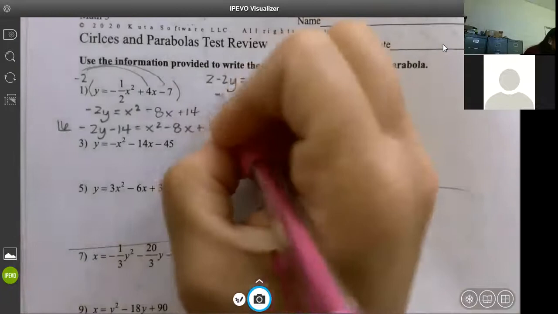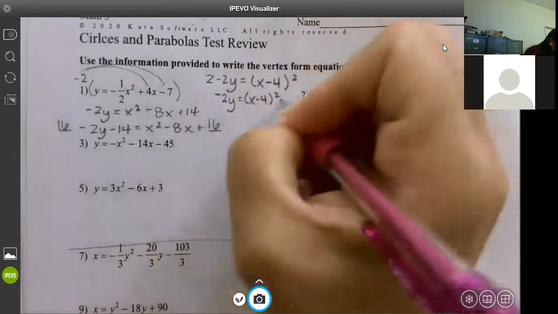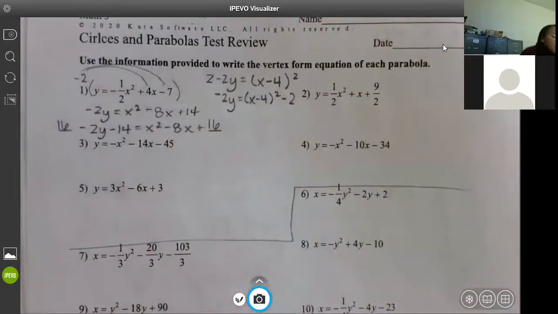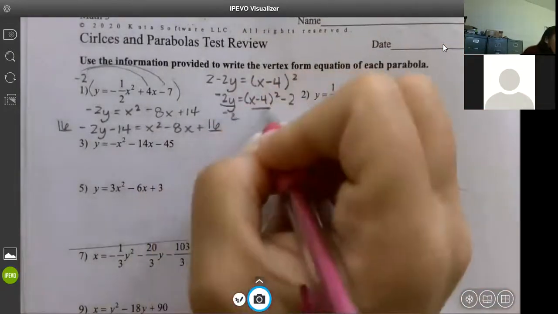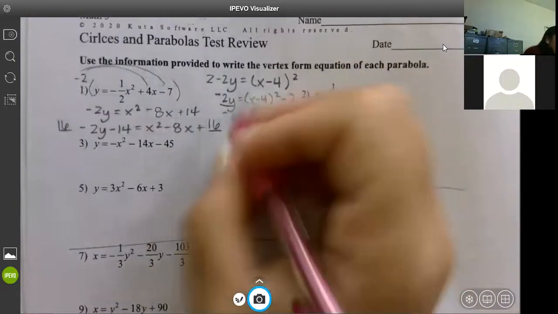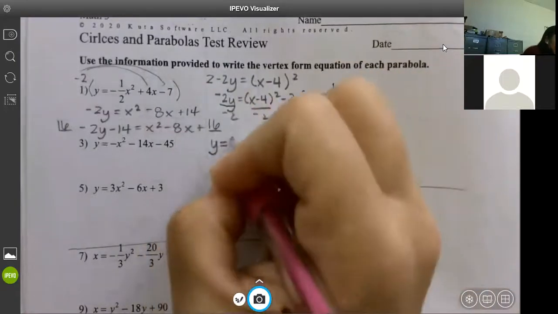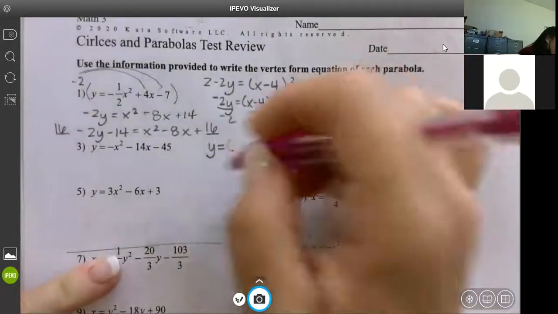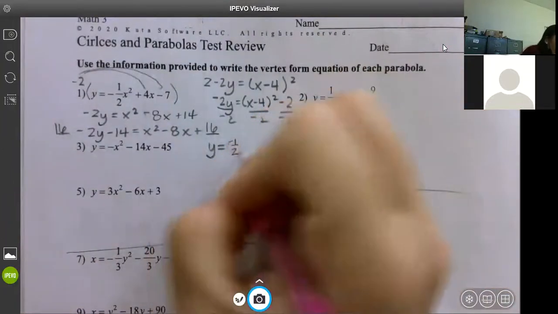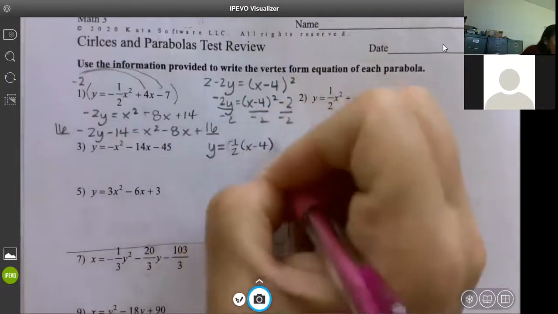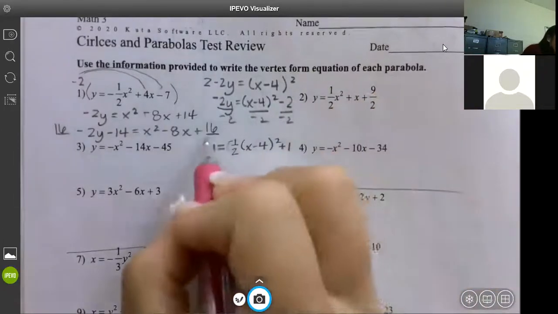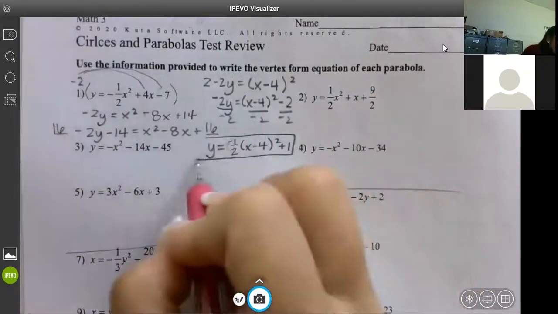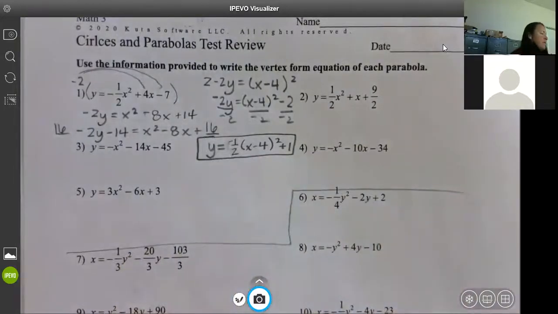Move your 2 over, so we get -2y equals x minus 4 squared minus 2. And then the last step is to divide everything by -2. And your final equation is y equals -1/2 x minus 4 squared plus 1. It doesn't want you to do anything else, just put it in vertex form.